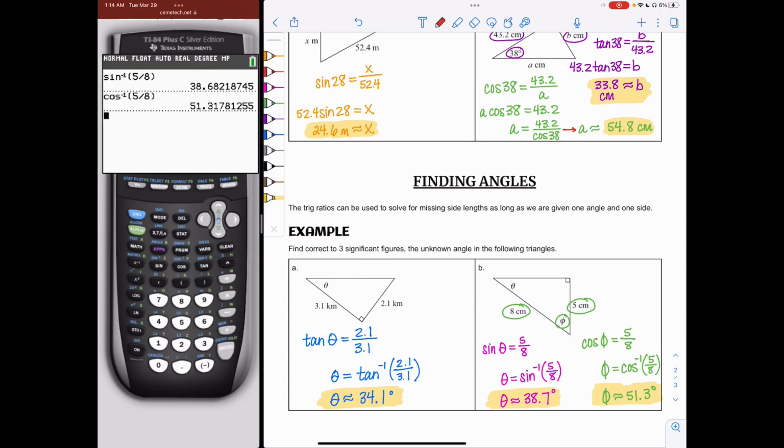If you knew that angle theta was 38.7 degrees, and you know that this is 90 degrees, then all you had to do was subtract those two angles from 180, and it would have given you the 51.3 for phi. So either way, you would have been fine using trig to find one angle and then subtracting the two angles from 180 to find the third angle, or you can just use your trig ratios.